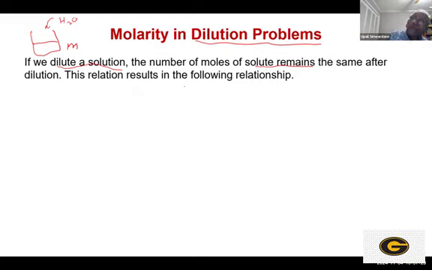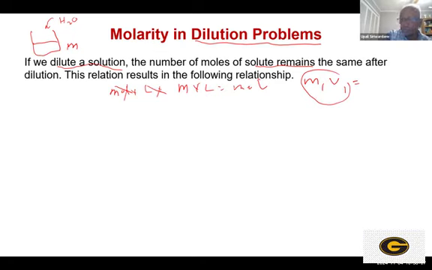There's a relationship. Moles, molarity multiplied by liters. Therefore, if you have a sample with M1 initial concentration, V1 initial volume, this is the number of moles in the solution.